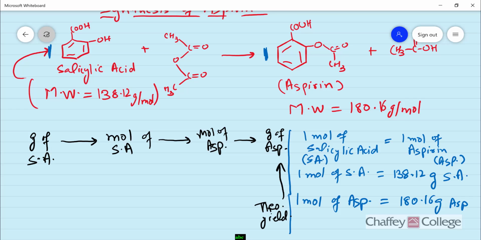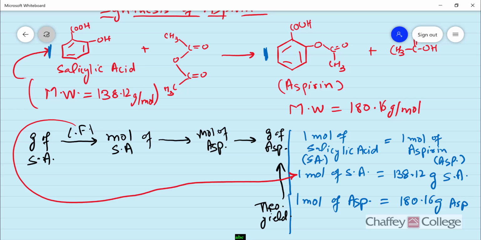So how do we go from grams of salicylic acid to moles? We're going to need a conversion factor. Let's call this conversion factor 1, and it comes from the relationship between grams and moles of salicylic acid, given here.